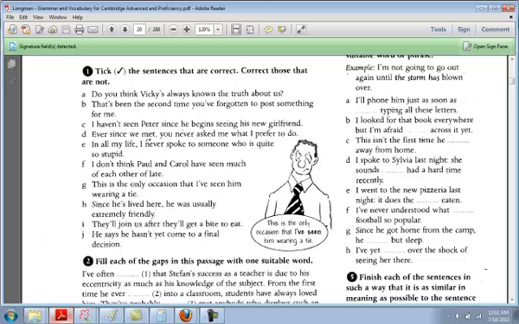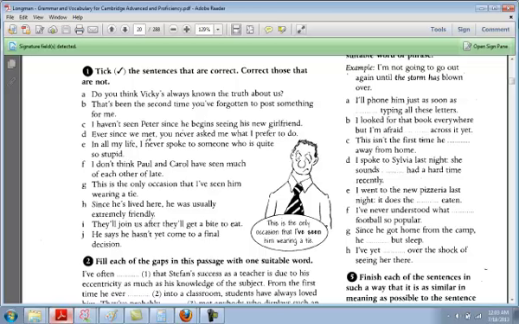Well, yeah, I think it's correct, but why? Vicky has always known the truth about us. What case do we fit in using present perfect here? Has always known.